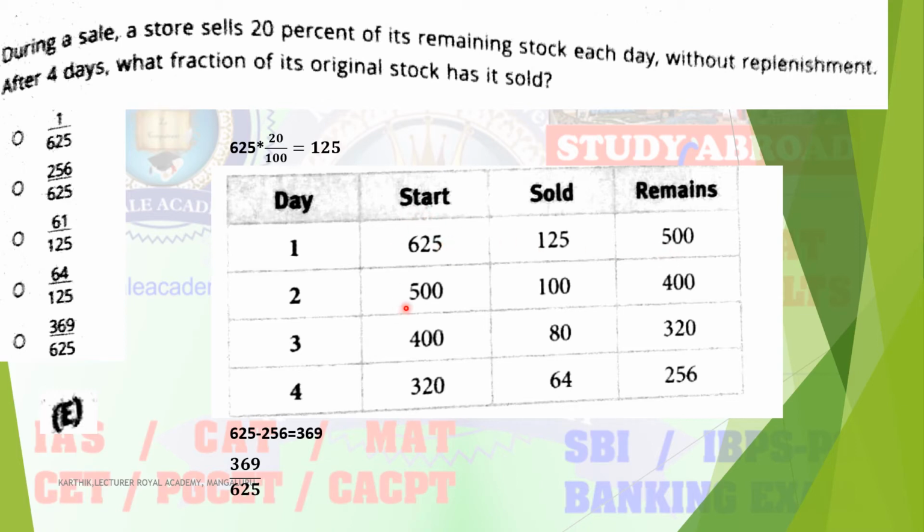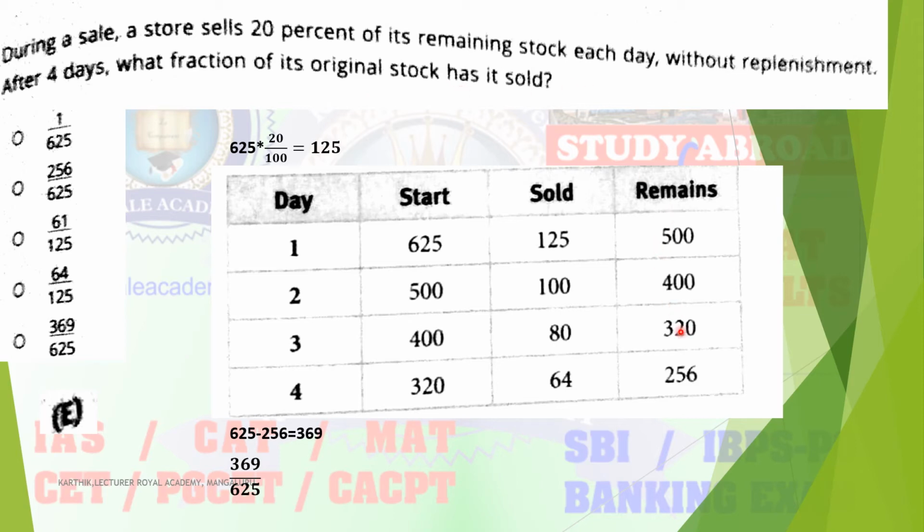Remaining items is 500. So the second day starts with 500. 20% of 500, how much? 100 items sold. So remaining is 500 minus 100, which is 400. Third day is also the same. Fourth day is also the same. So total remaining items is how much? 256 out of 625. But you have to find out how much stock has been sold.